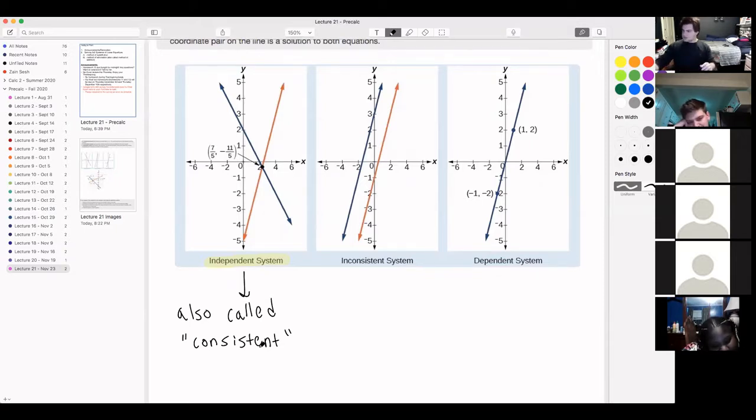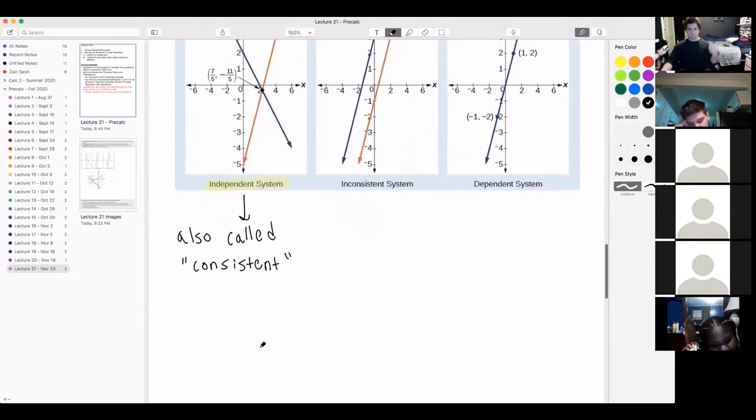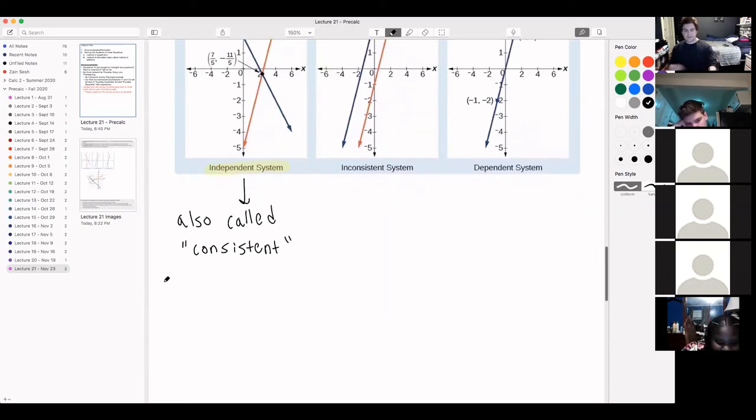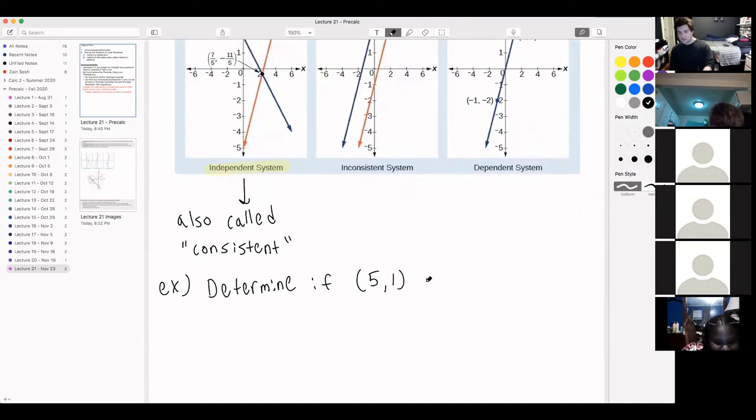All right, so let's get familiar with working with these systems. How about this example very quickly? Determine if (5, 1) is a solution to the following system.